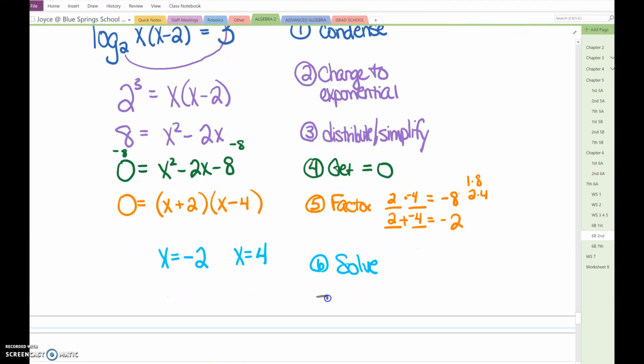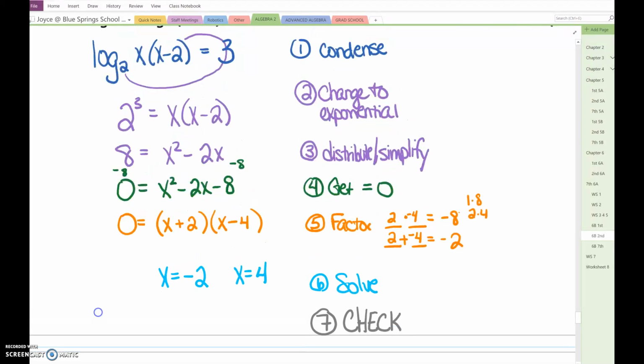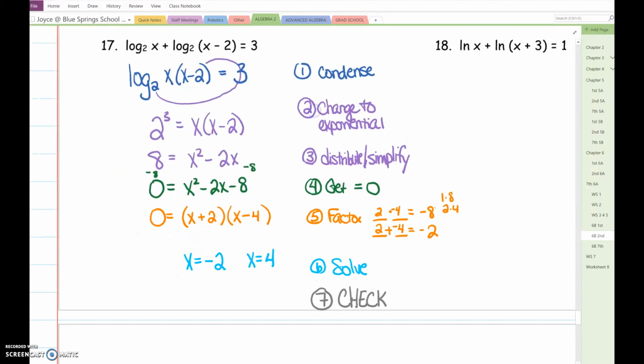What is our very last step? Check. Don't check in the blue part, the log base 2 of x times x minus 2. You have to go all the way back to the beginning. We're going to check this yellow part, and we're going to check the blue part. So, -2.